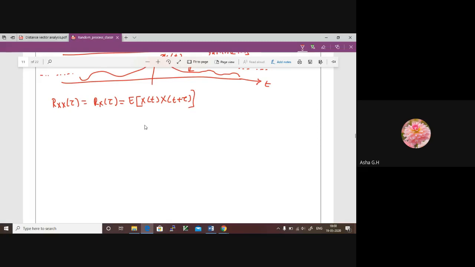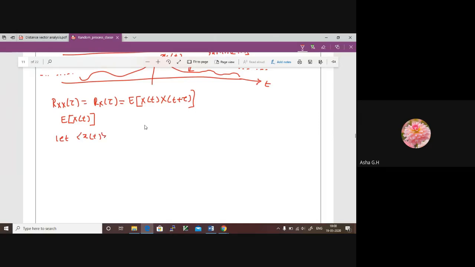But how do we find out the autocorrelation function for the second case? Now let x of t represent the average with respect to time. Expectation of x of t was the average or mean for an ergodic random process.